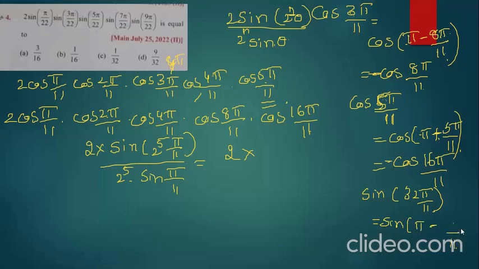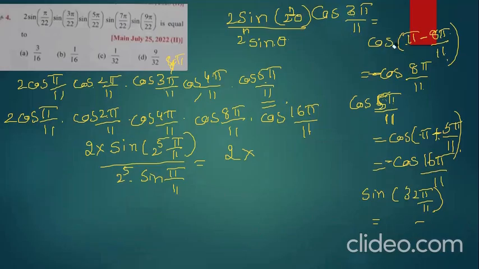So how much can I write here? Sine 32 pi by 11, right?